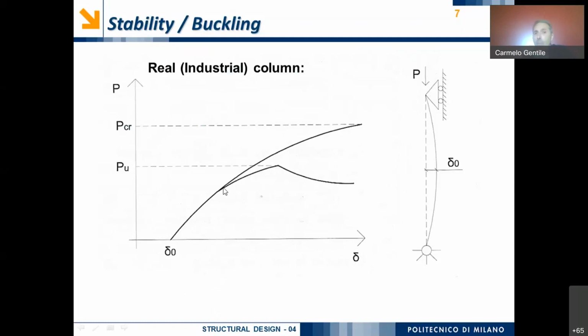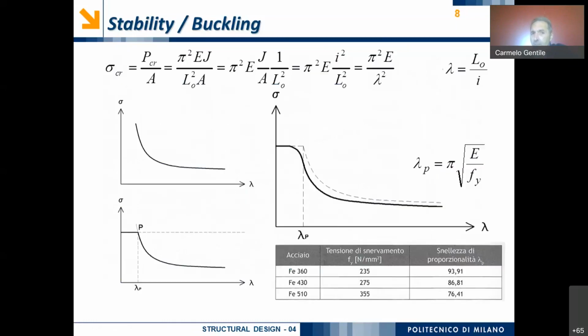And so at a certain point, there is a difference between the ideal curve, even if there is an initial value delta zero, and the curve corresponding to a real elastic plastic material, to not only a real column with imperfection, but also a real column made in real steel. And the real steel is not indefinitely elastic, but of course is elastic, ideally plastic.